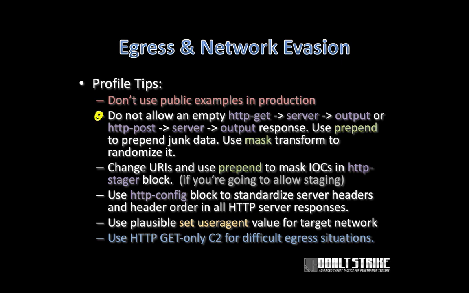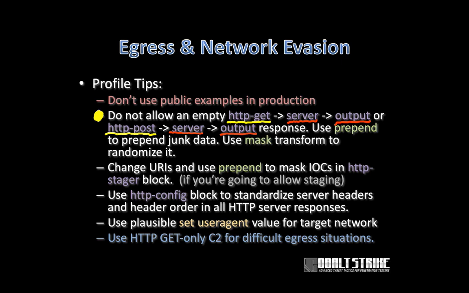The second tip here requires some explanation, but the gist is this. When Beacon checks in, that's the HTTP GET block, or when it sends data back to Cobalt Strike, that is the POST block. The server output nested blocks determine how the output is transformed and presented to the requesting beacon.